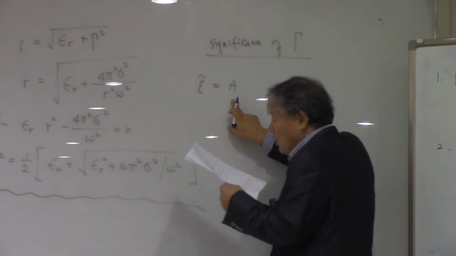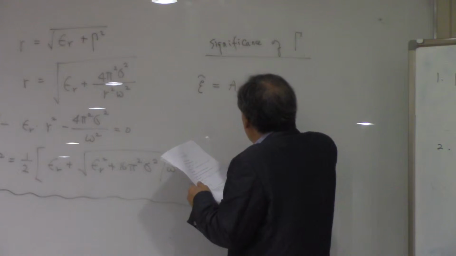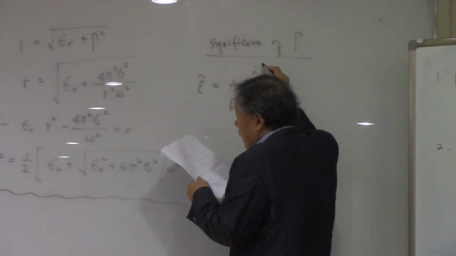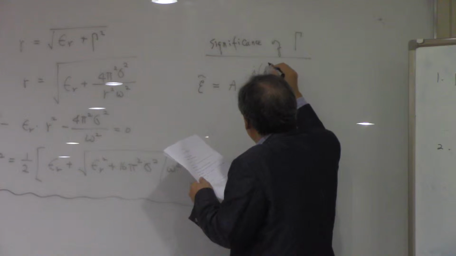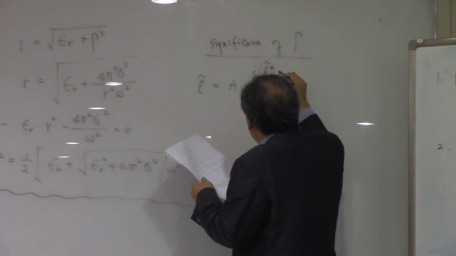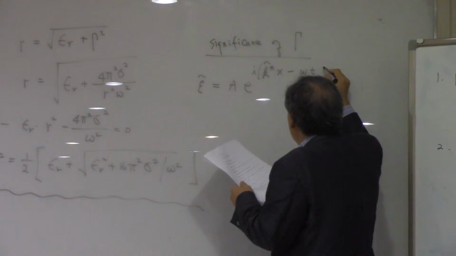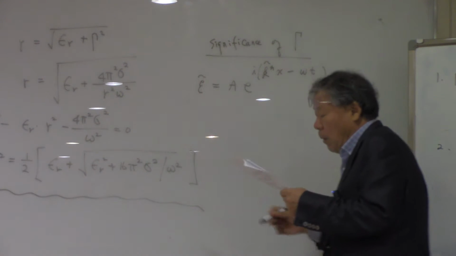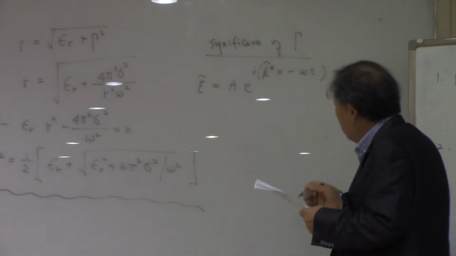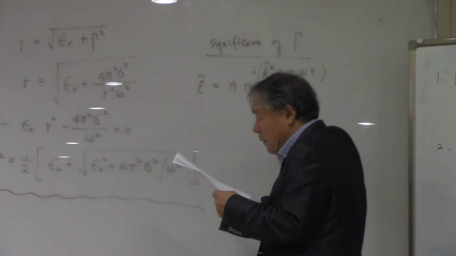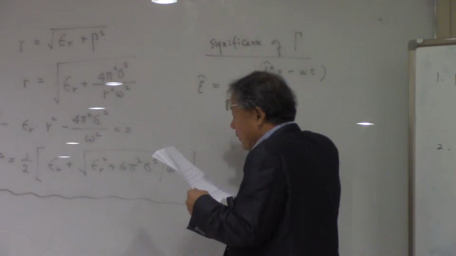A, that is the amplitude of the wave, and then e to the i k star x minus omega t. That is the electric field in case of the complex number of the wavelengths, right?